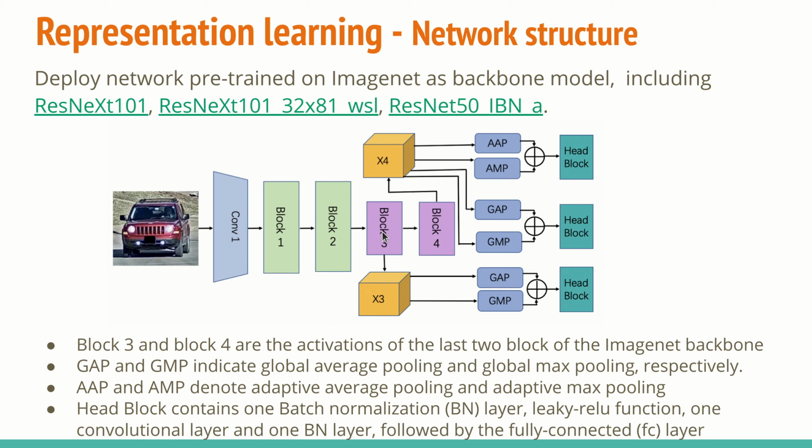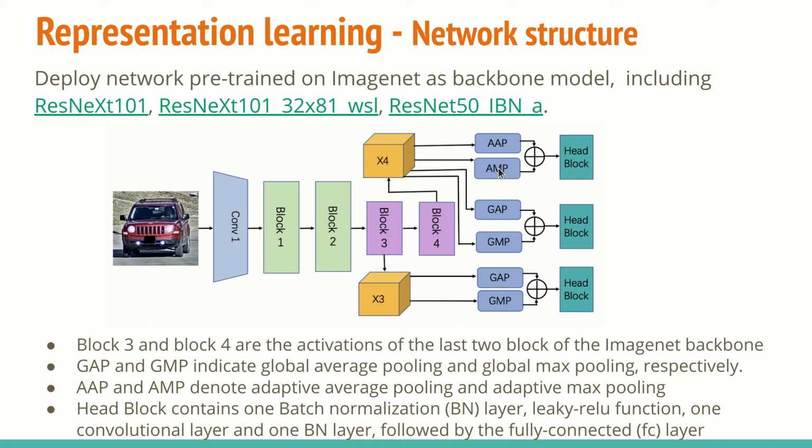In that, layer 3 and layer 4 are the activations of the last two blocks of the ImageNet backbone. GAP is global average pooling. GMP is global max pooling. Two of these are used for extracting the global features to fit to the head block. AAP is adaptive average pooling.